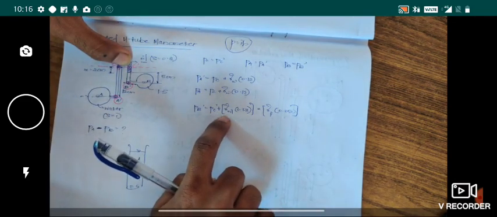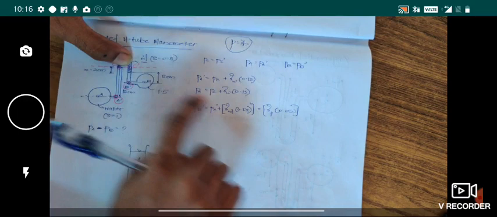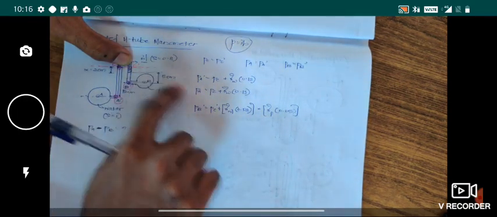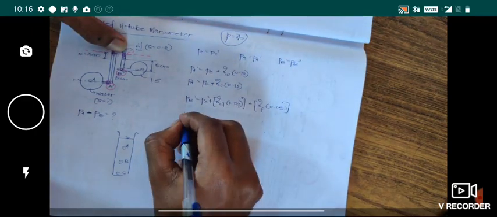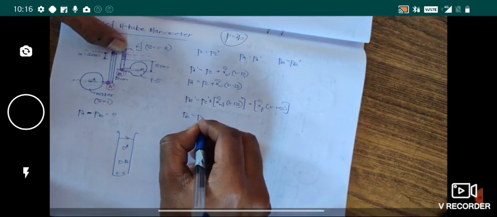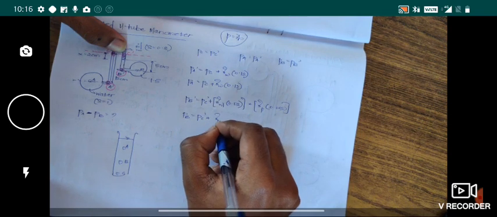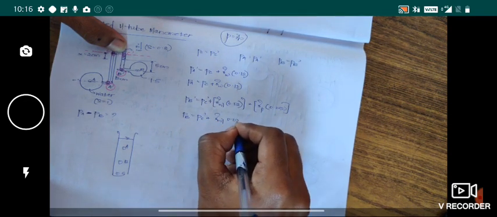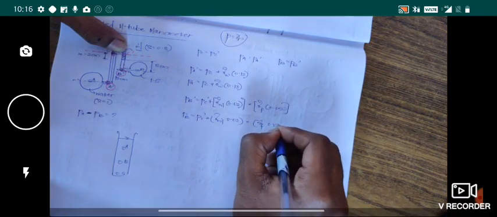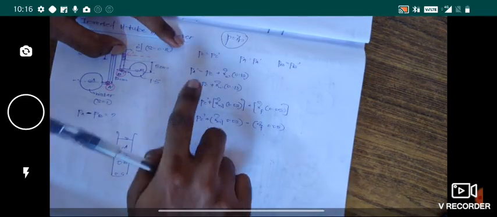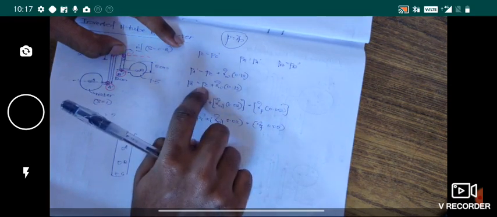So P at C dash plus gamma of oil, that height, plus gamma of this fluid into that much height. But we know that PB dash is also equal to PB. So I can write PB is equal to PC dash plus gamma of oil into 0.02 plus gamma of fluid into 0.05.